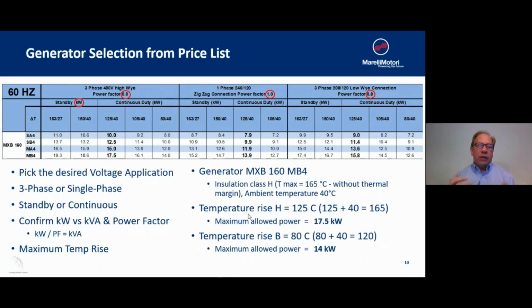Again, we'll dive deeper into derating units based on the application. But in general terms, most people can come to this chart, follow the columns, select their generator, and you'll find that we usually have those generators in stock in our warehouse just outside of Atlanta.